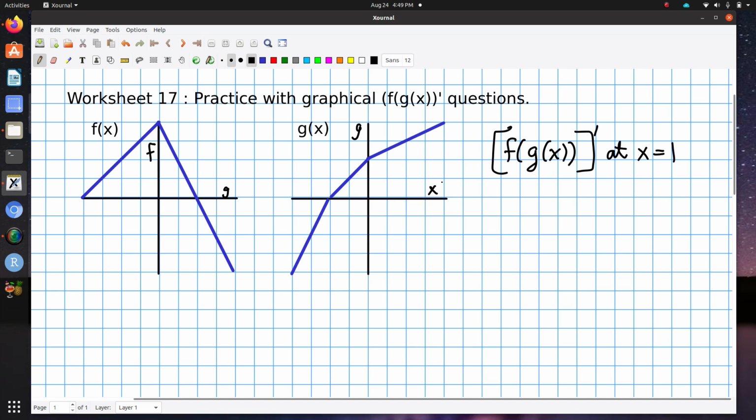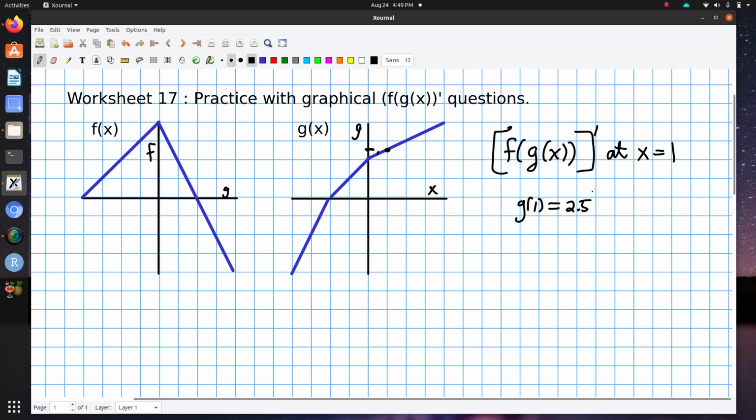Okay, so we need to know what g of 1 equals, and in this case, let's figure out what that is. So g of 2 would be 3, g of 0 is 2, g of 1 is 2.5.